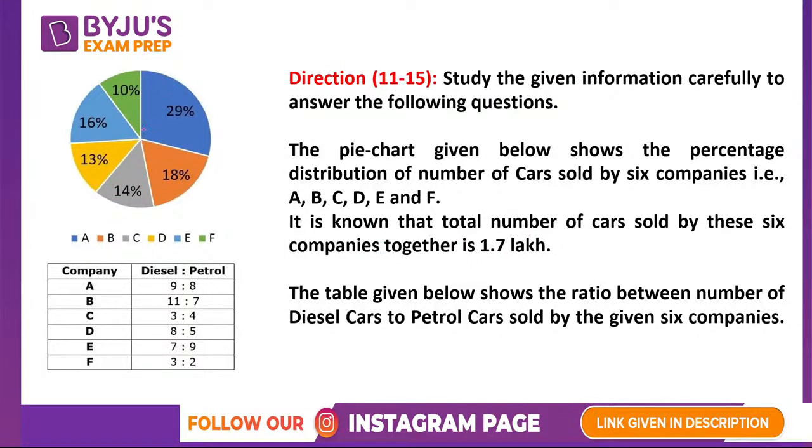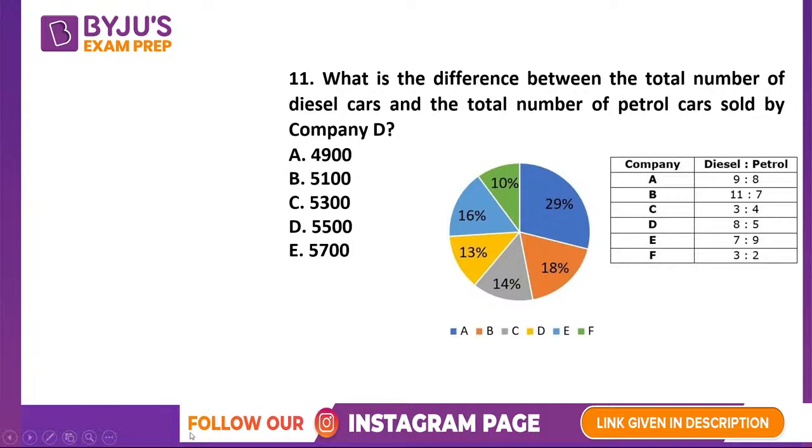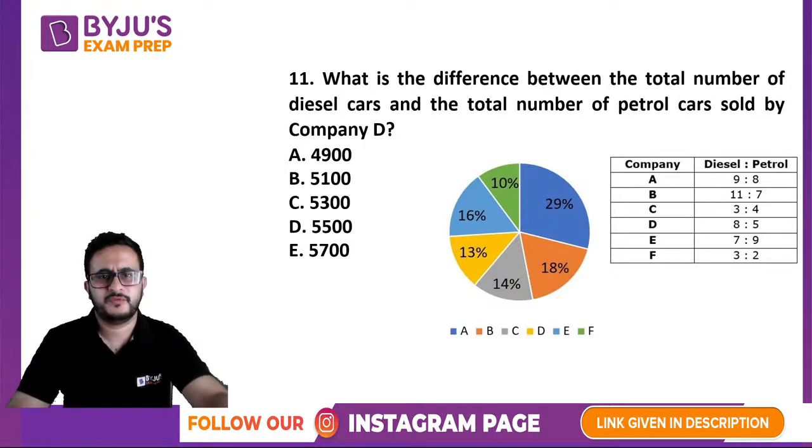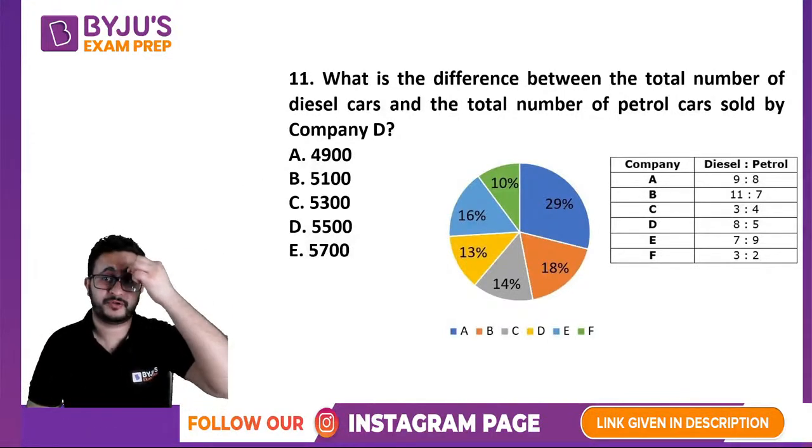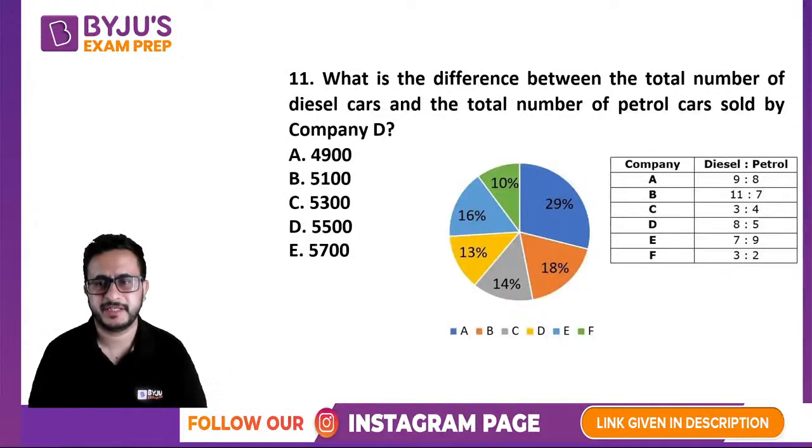That is the total number of cars sold, and the table shows the ratio between the number of diesel cars to petrol cars sold by the 6 given companies. All right, so the first question is, what is the difference between the total number of diesel cars and the total number of petrol cars sold by company D?